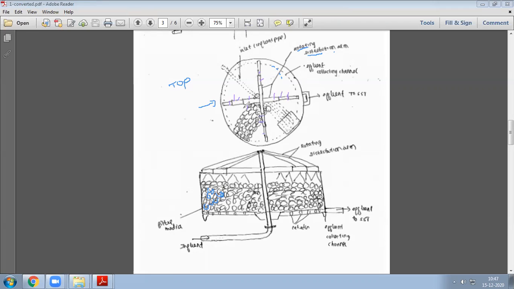The wastewater is sprinkled through this filter media. So here it will be sprinkled. When it's sprinkling, it will try to interact with oxygen. The atmospheric oxygen will be there, so it will interact and gain some oxygen. That is how it functions.